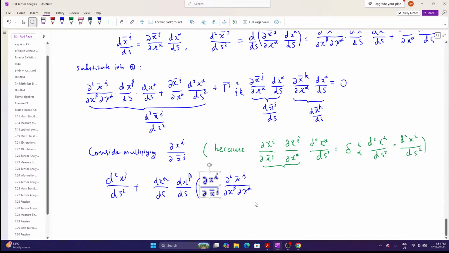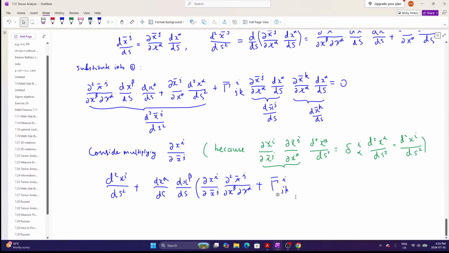Okay, so this makes sense. And then plus big gamma bar ijk, and you have this thing.